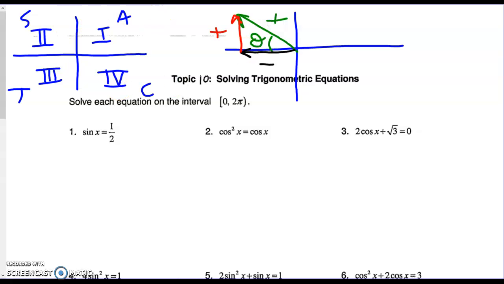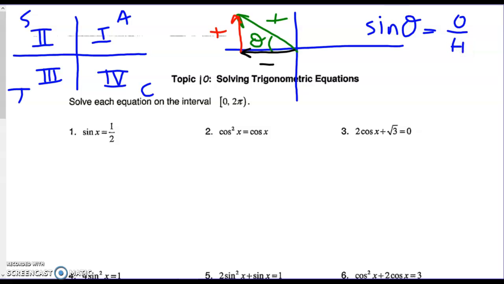So where does this come into play with understanding why sine is positive in the second quadrant? To make that connection, we now need to look at the fact that the sine of some theta is equal to our opposite side over our hypotenuse.